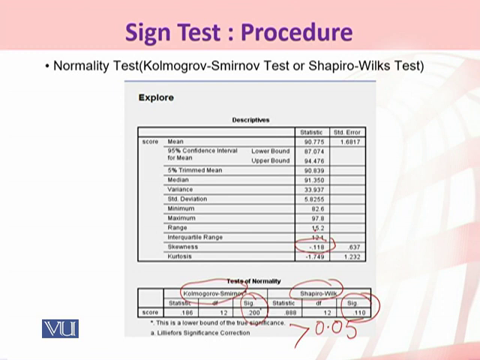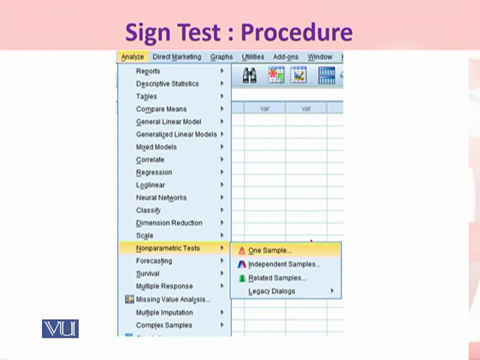That means this data is negatively skewed. And if you look at the measure of kurtosis, that is also showing a negative value, meaning the data is flatter; the distribution is more flat in nature. So the normality tests indicate that the data is normal, but the measures of skewness and kurtosis show that the data is not normal. So there is confusion as far as normality is concerned. That means this particular question is a candidate for the sign test.